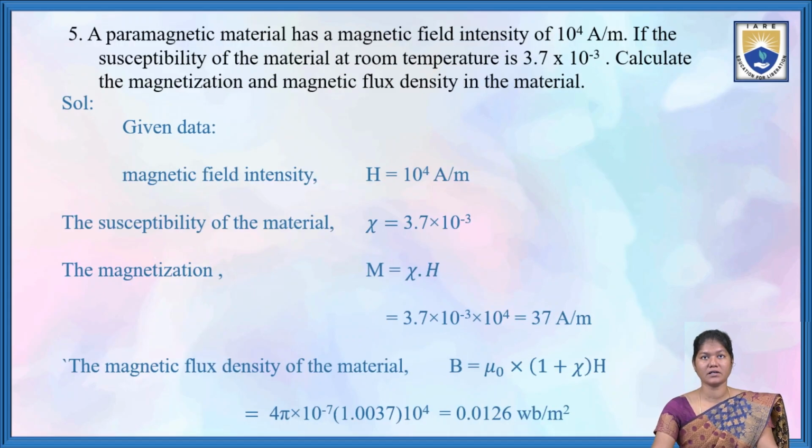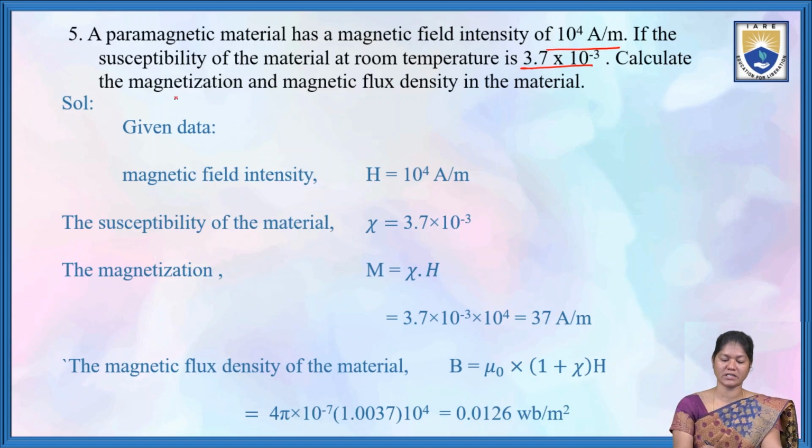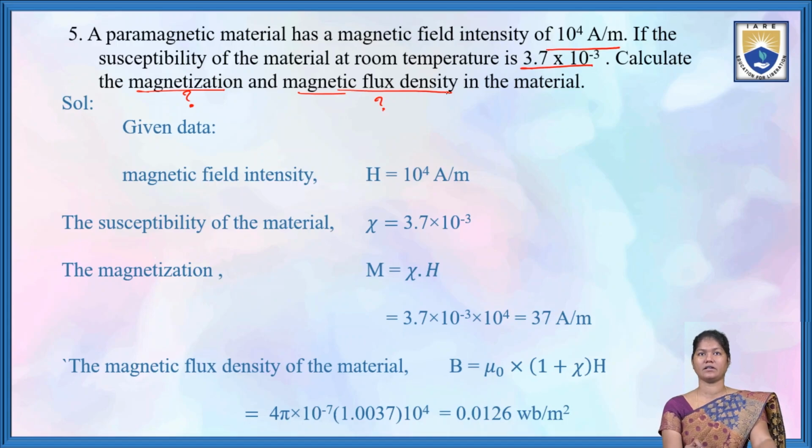Next, a paramagnetic material. A paramagnetic material has a magnetic field intensity of 10 power 4 ampere per meter. If the susceptibility of the material at room temperature is 3.7 into 10 power minus 3, then calculate the magnetization and magnetic flux density of the material.